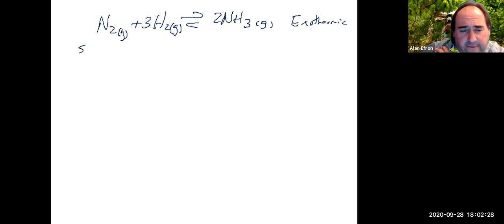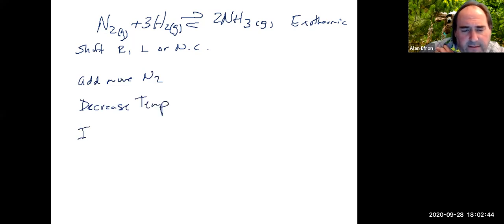Will it shift to the right, to the left, or no change if we add more N2, we decrease the temperature, we increase the volume, we remove NH3.